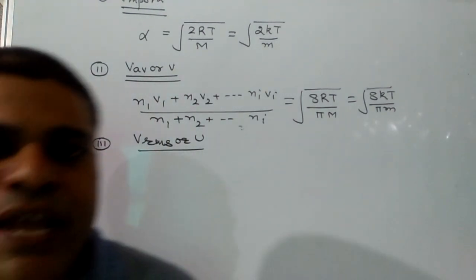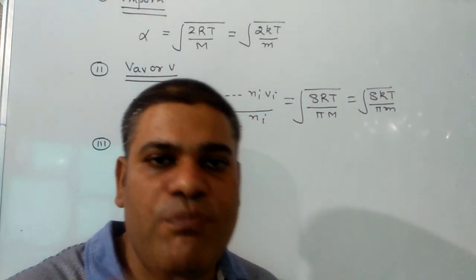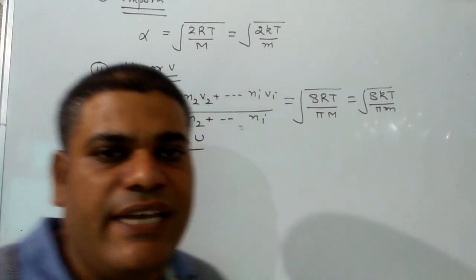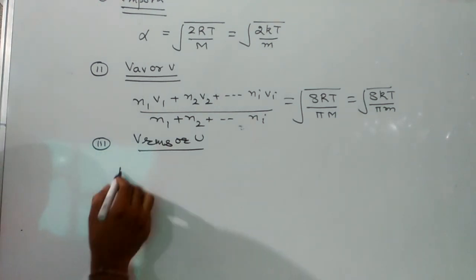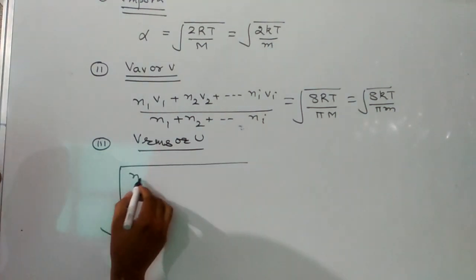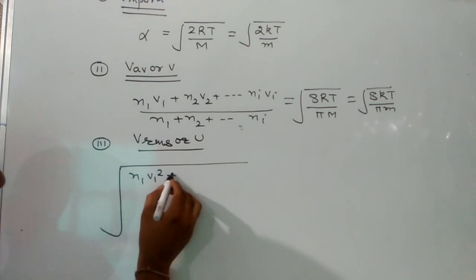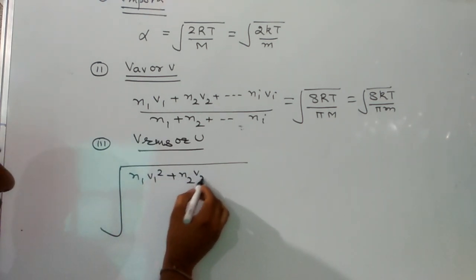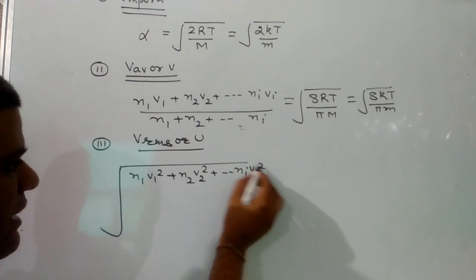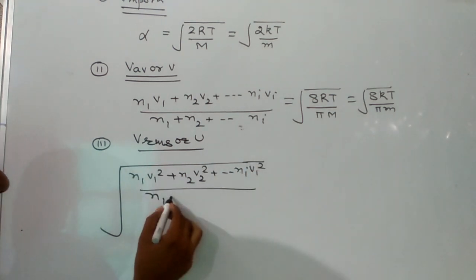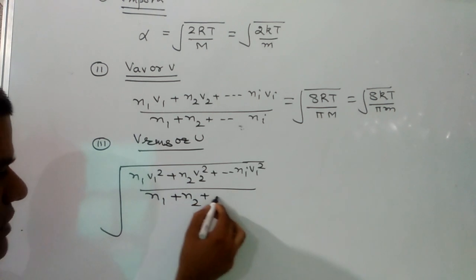Mathematically, it is written as n1v1 square plus n2v2 square up to nivi square, upon n1 plus n2 and so on, whole root.